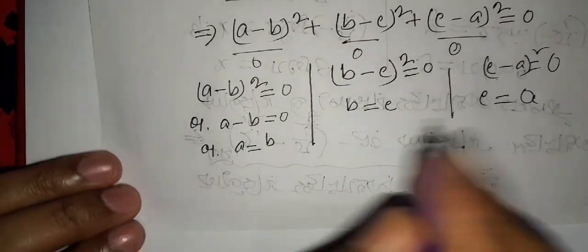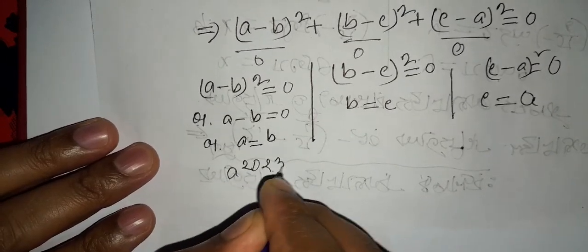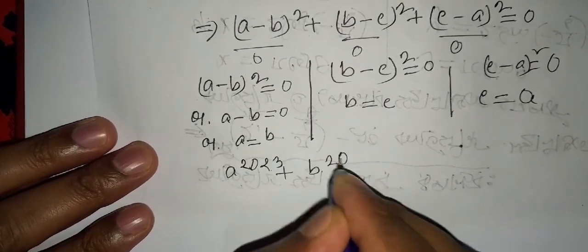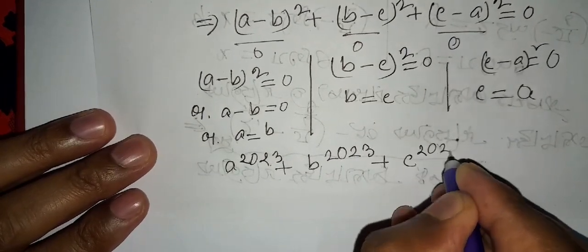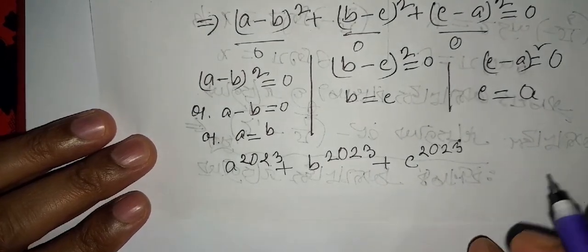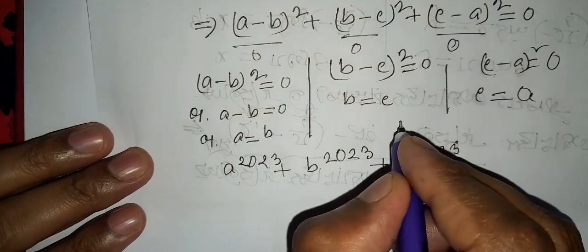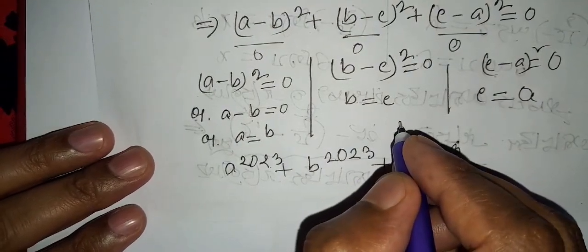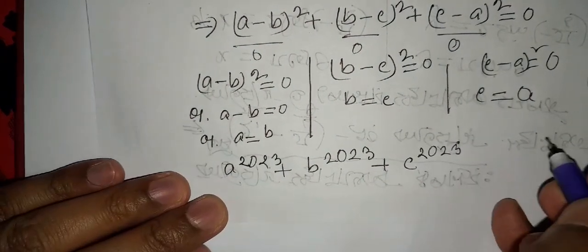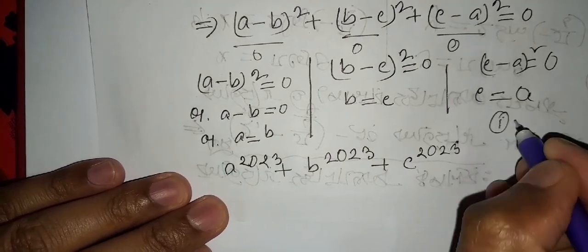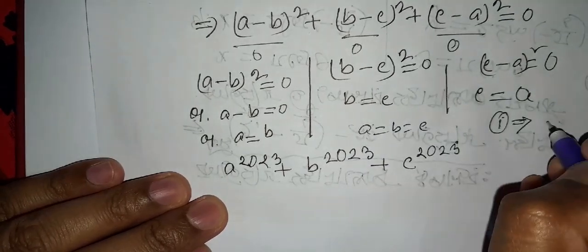Okay, now we can write a to the power 2023 plus b to the power 2023 plus c to the power 2023. Now from equation number 1 we can write a equal to b equal to c.